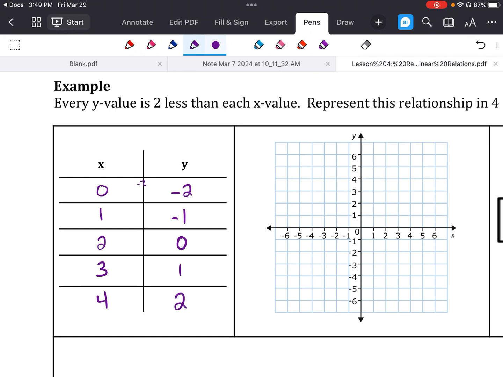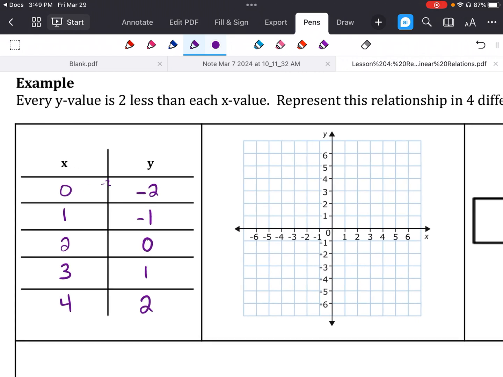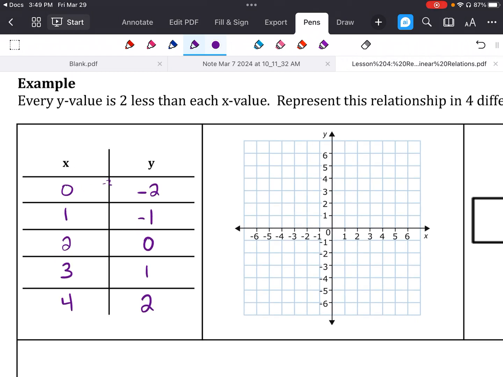And there we go. Now when we graph this, when x is 0, y is negative 2. When x is 1, y is negative 1. And so on. We just follow the table of values and we get this straight line.